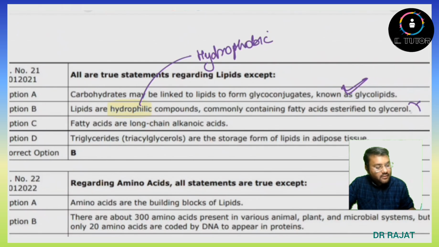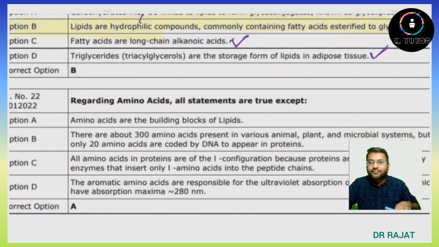So this option is incorrect. Fatty acids are long chain alkanoic acids. This is true. Triglycerides are storage form of lipids in adipose tissue. This is again a true statement. So answer will be option number B. The lipids are not hydrophilic, they are hydrophobic compounds.